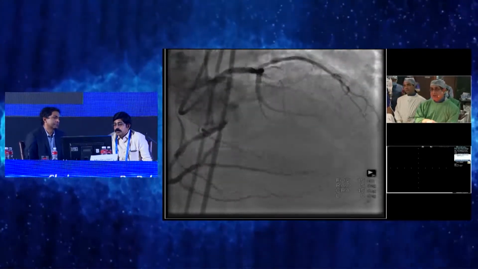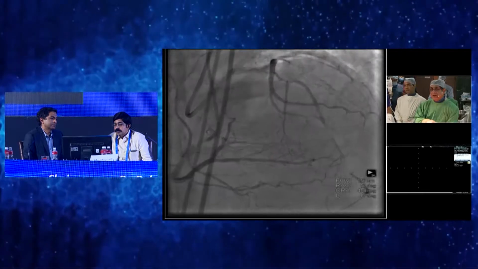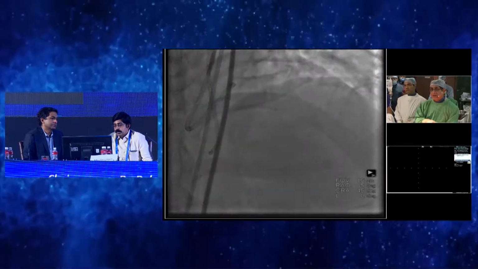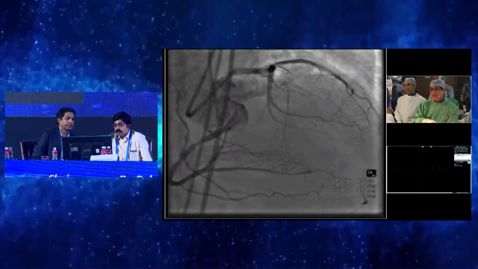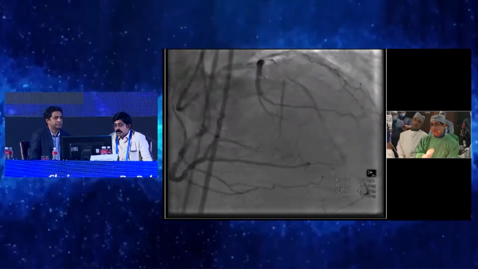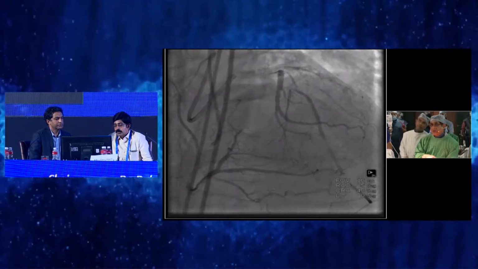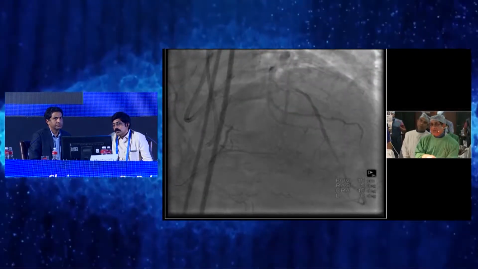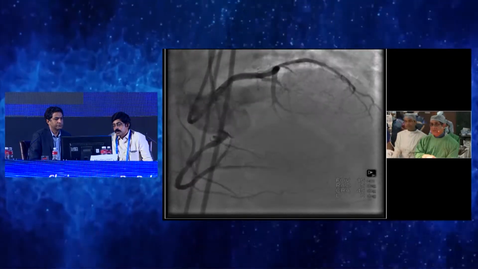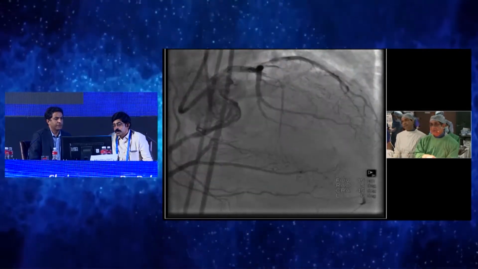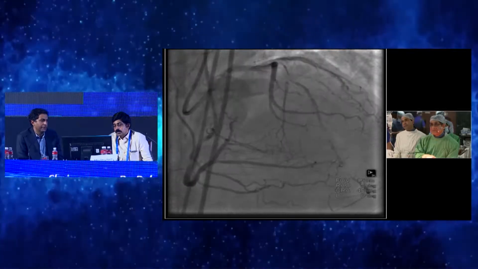One is the length of the CTO, and the other is where the nipple is. I think this view shows quite well that the nipple is just situated above the site of origin of the septal. And I would say the length of the CTO is around 15 millimeters. Would you agree? Yeah, definitely.